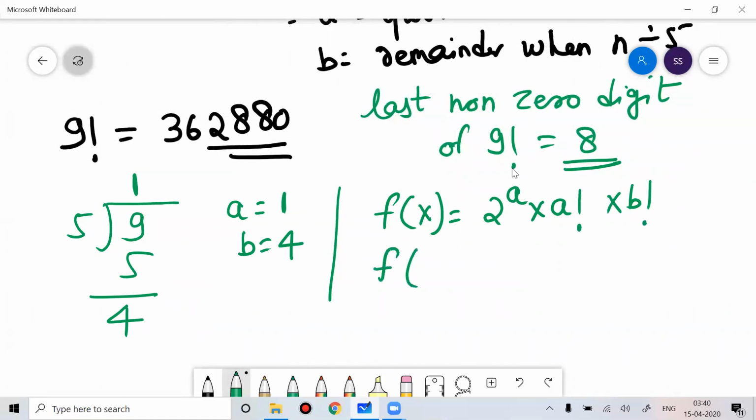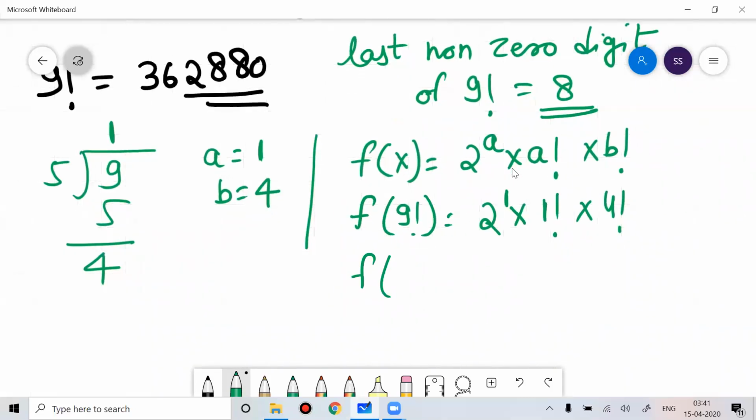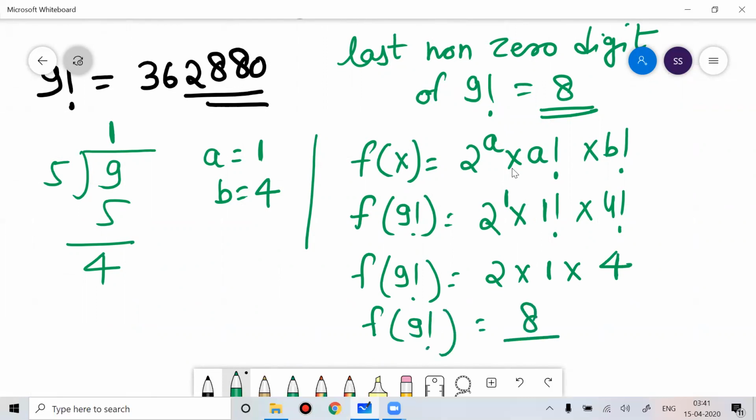So for 9 factorial, that would be 2 to the power 1 into 1 factorial into 4 factorial. Now 2 to the power 1 is 2, 1 factorial is 1, and 4 factorial is 24. With this we find the value, and the answer is 8.